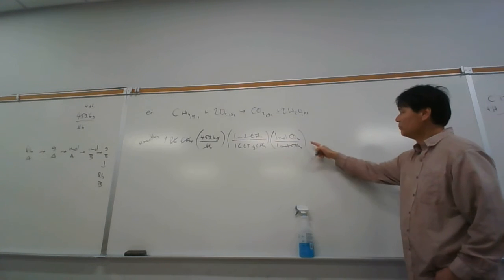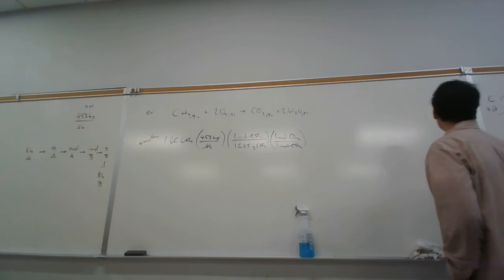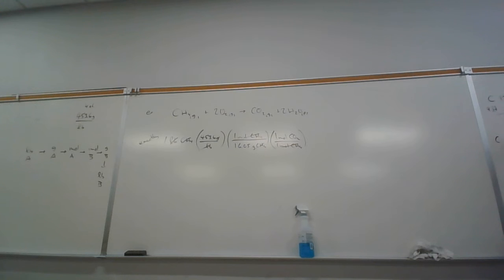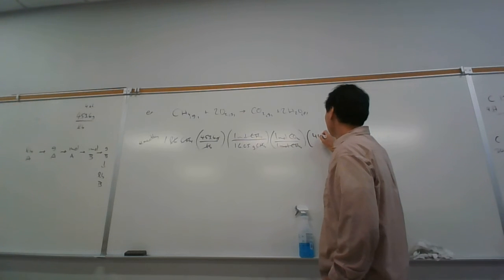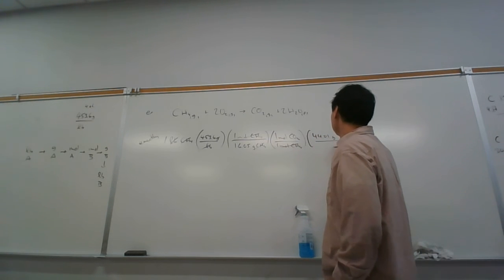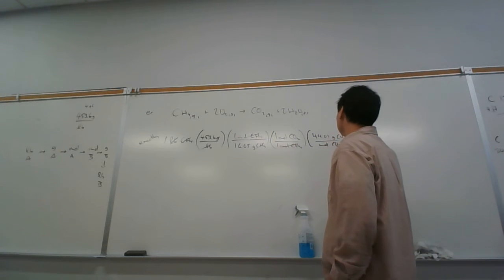And then I'm going to go from moles of CO2 to grams. Carbon is 12.01, oxygen 16.00. So 2 oxygens is going to give me 32.00, which is going to be 44.01. So I have 44.01 grams of CO2 per mole of CO2.